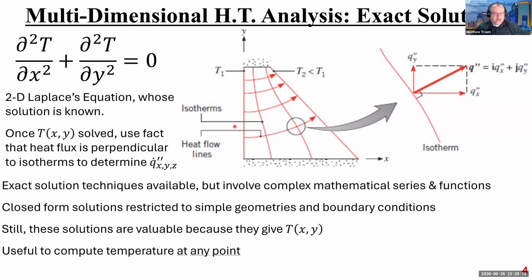So we know all the boundary conditions. We can determine any arbitrary point, it doesn't matter where it is, and solve the heat transfer equation and find the temperature at that point. So it's a very, very powerful outcome, which is actually only true for the exact solutions. All of the other techniques that I'm going to describe, you can solve for a temperature, but it's only at a particular point. You'll see.